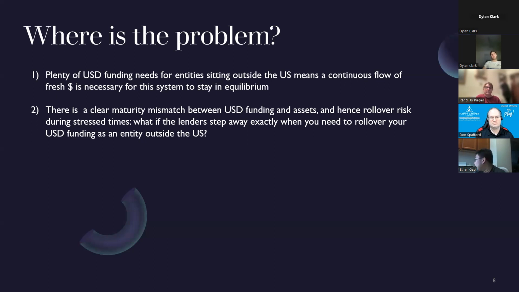So if it's on a 3-month FX swap, and I take it today, and I'm not ready to pay it in March, I can roll it to June, and then I can roll it to September, and you can do this over and over and over again. But whenever you have a mismatch, the rollover risk during stress times becomes: what if lenders step away and you can't roll your swaps anymore, you can't roll over, and you're an entity outside the US that needs your US dollar funding to keep going.